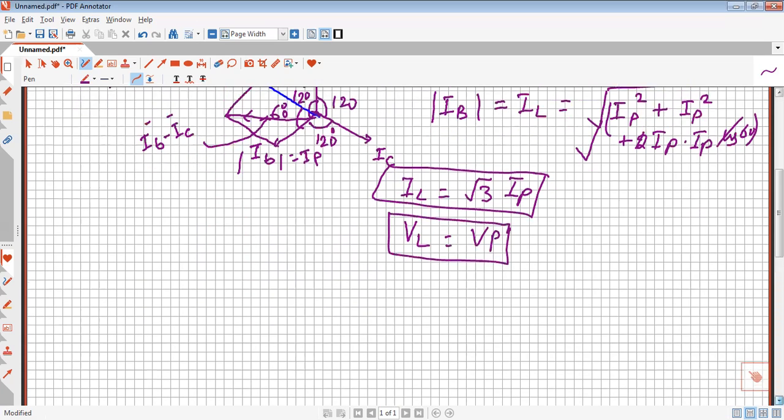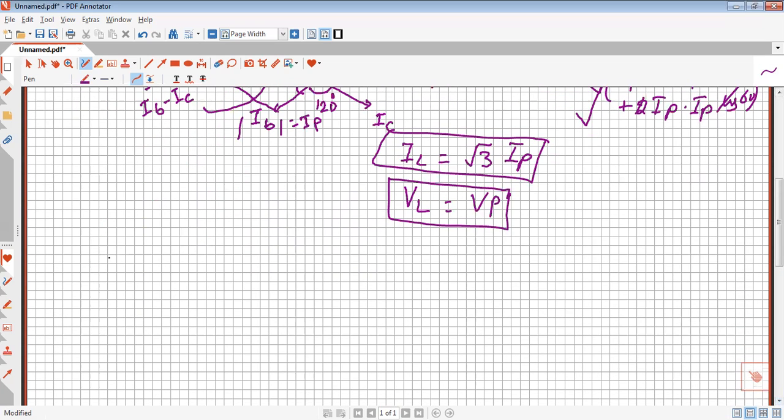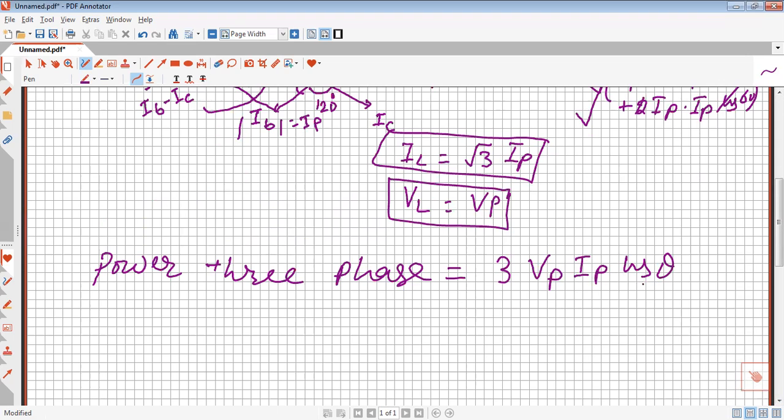And now we have to find the three phase power. What will be the three phase power? It will be 3 into Vp into Ip into cos theta. Cos theta is the power factor and this is the per phase power. So we have multiplied it by 3 for three phase power.